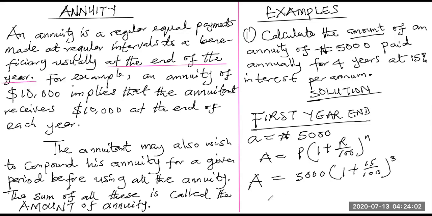And of course, when we solve this problem with our calculating device, that will give you 1.15 raised to power 3, now multiplied by 5,000.